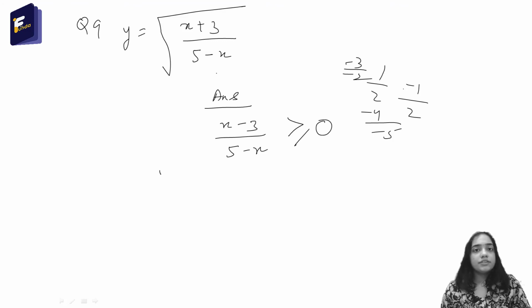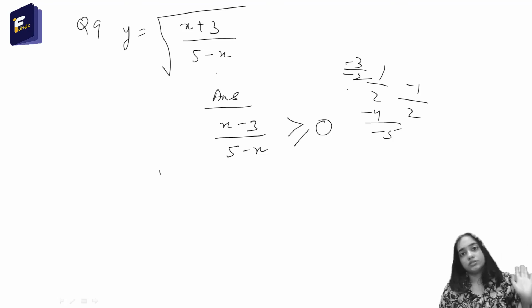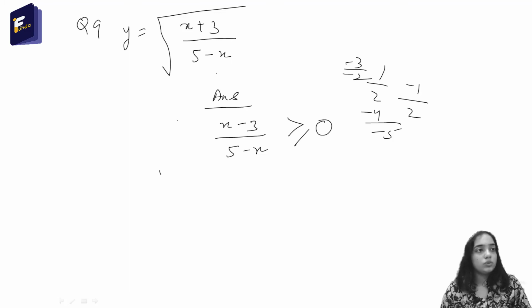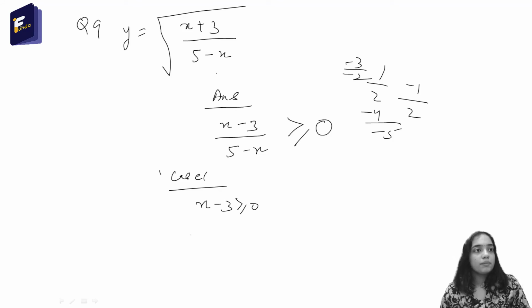So this is a division, so there will be two cases. If both numerator and denominator are positive, or both are negative, then this whole thing will be positive. So first, case 1, when both numerator and denominator are positive. That means x plus 3 is greater than or equal to 0, and 5 minus x is greater than 0.